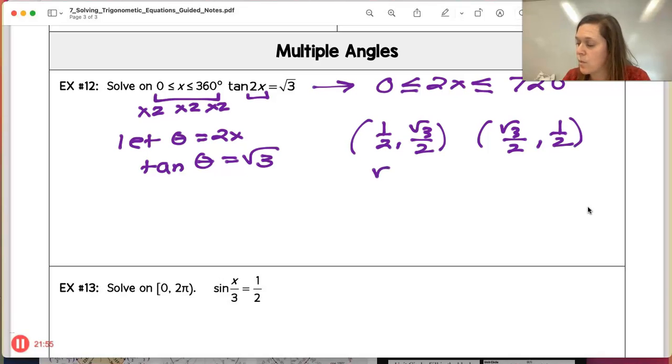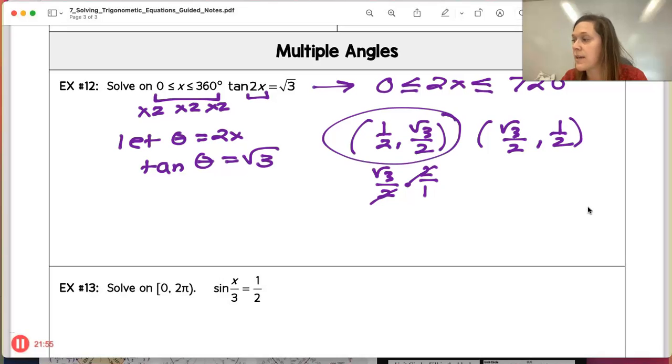Well, here if I do y over x, it leaves me with just a root 3, right? So this guy right here. So that is occurring at 60 degrees, or pi over 3. I want degrees because it's putting the actual domain in degrees in the original problem. So theta is equal to 60 degrees. So my tangent at 60 degrees is root 3.